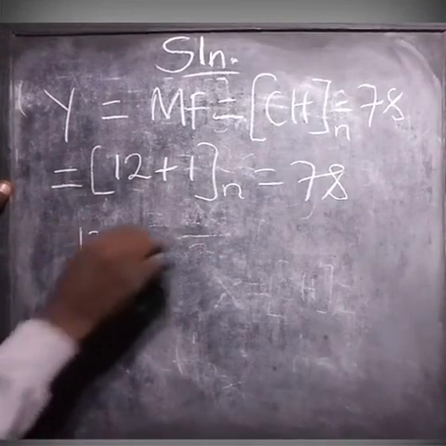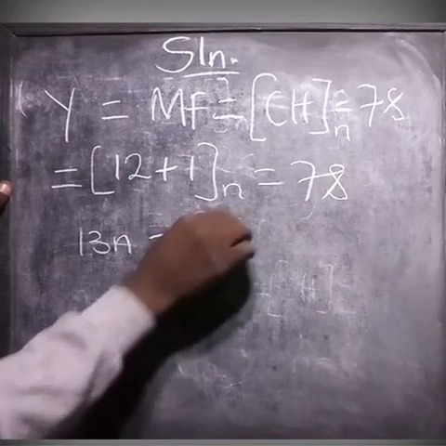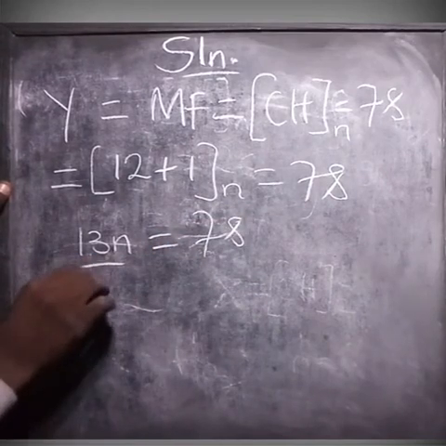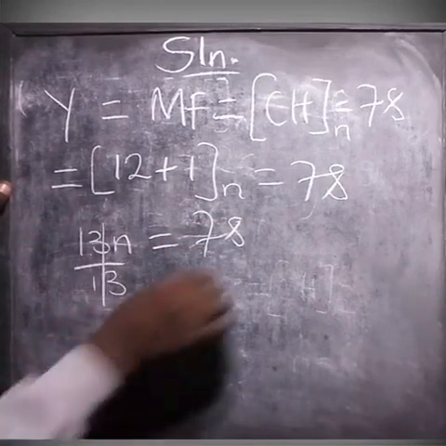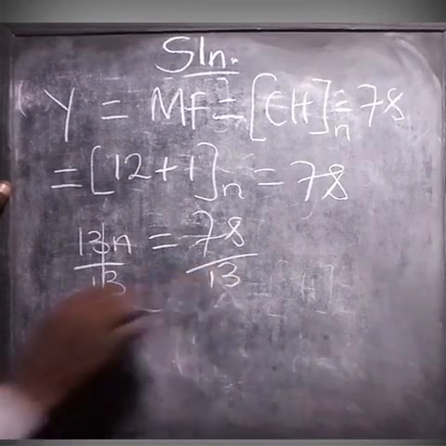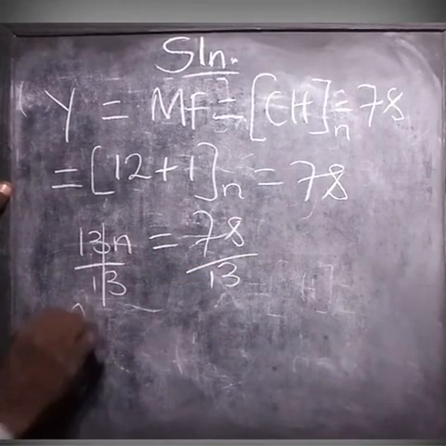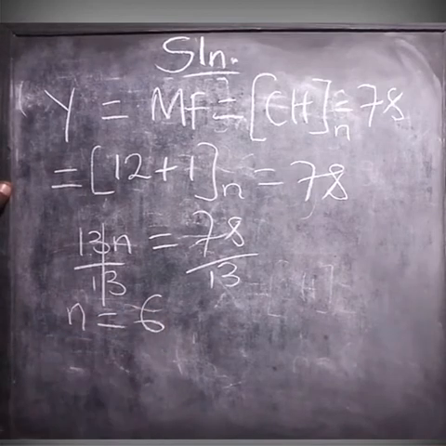Therefore 13n is equal to 78. So we have to divide by 13, then definitely n is equal to 6.